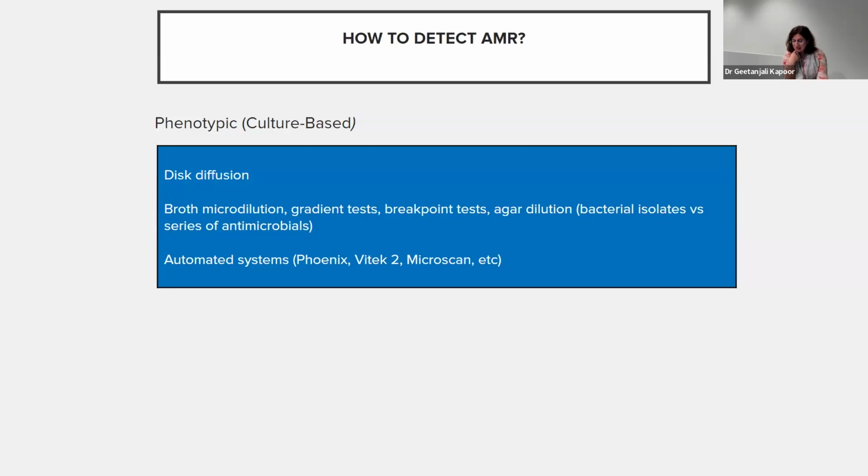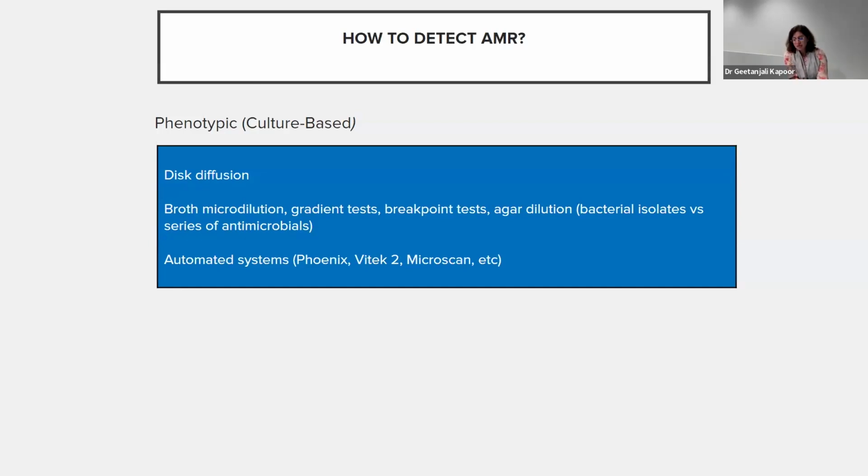He is basing his decision of treating the patient on this MIC value, which is coming out from the lab. So it's again evidence for him to work on. It's not misuse of antimicrobials, and again helps in building good stewardship practices in the hospital.